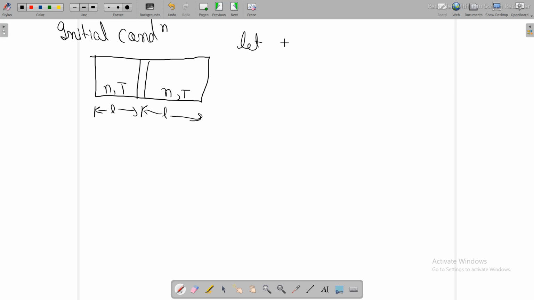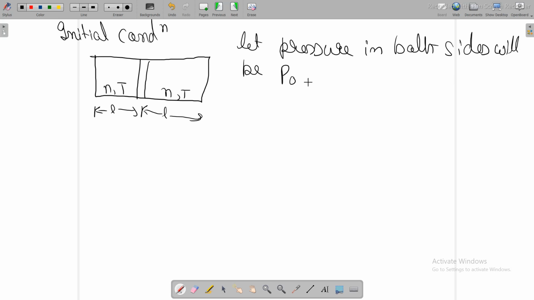Let the pressure on both sides be P naught, and the volume is also equal.